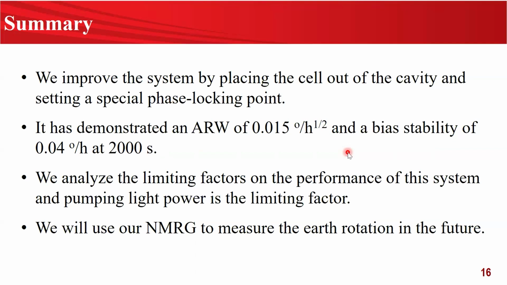The system is closed loop, and when it rotates, it will contain the Earth's rotation, and we mainly want to calibrate the Earth's rotation to prove that the bias stability of 0.04 degree per hour is true.